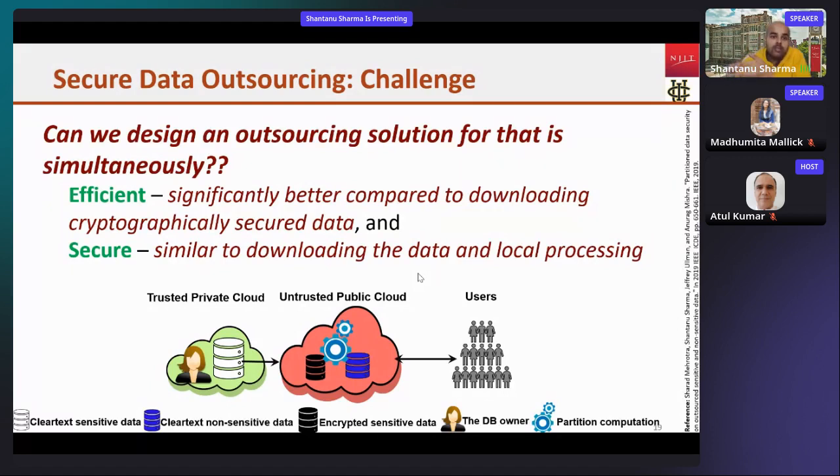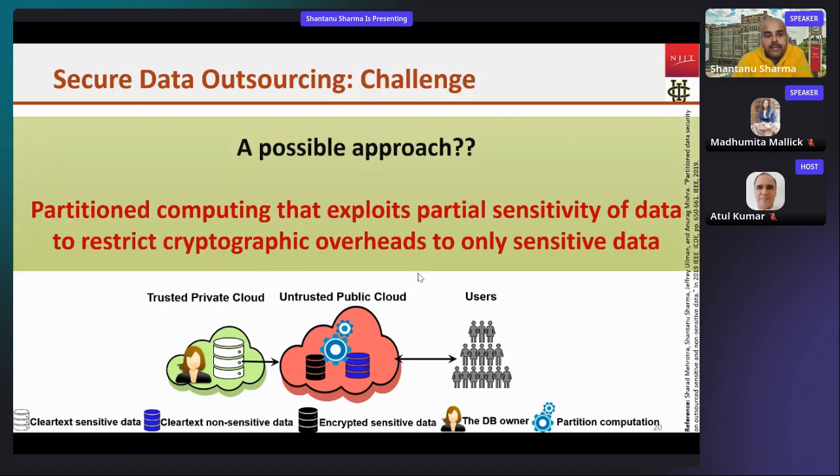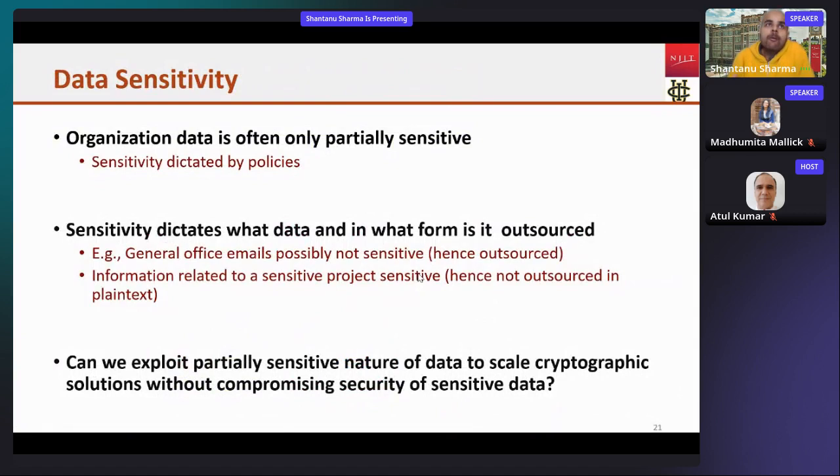So this is the major question: can we design a better technique that is secure as well as efficient for the cryptographic operation? So the idea is this: yes, we can do it. We need to partition our data into two categories, sensitive and non-sensitive. And instead of encrypting our entire data set of petabytes or terabytes of data, just encrypt only the sensitive data.